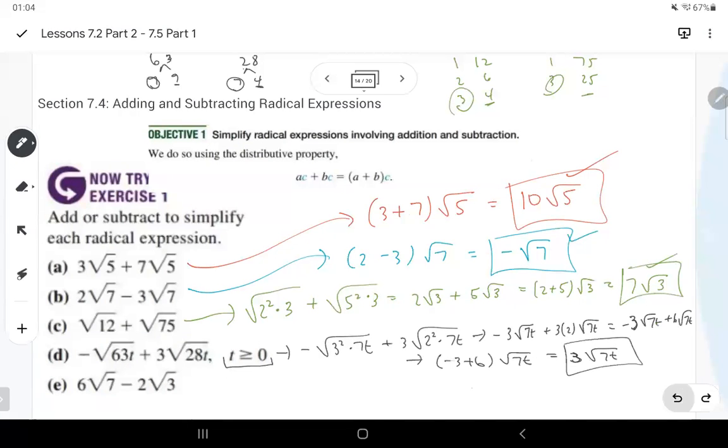But before we can say we're done there, we have to also include that t is greater than or equal to 0. Then we're done.